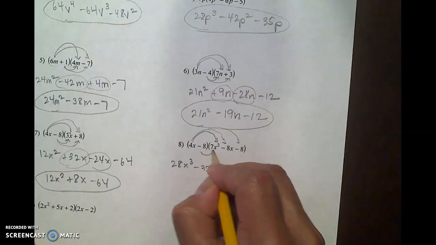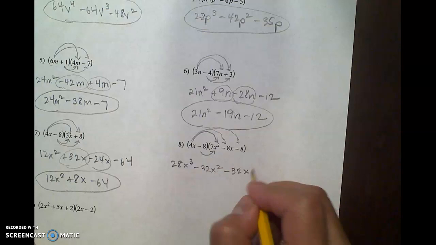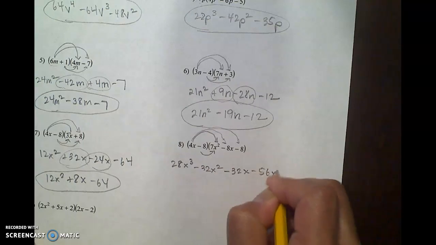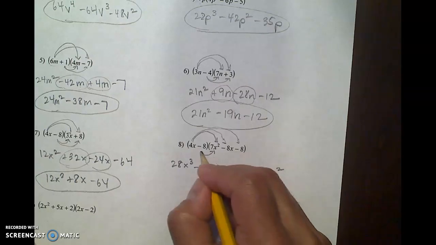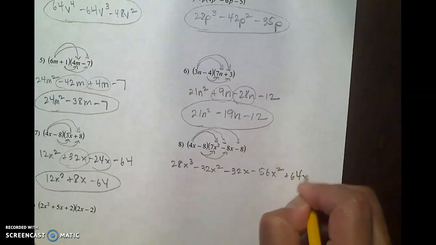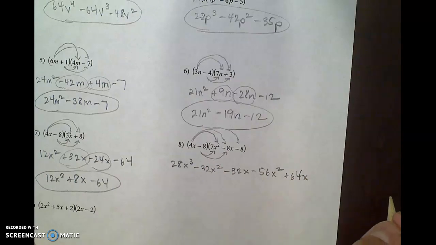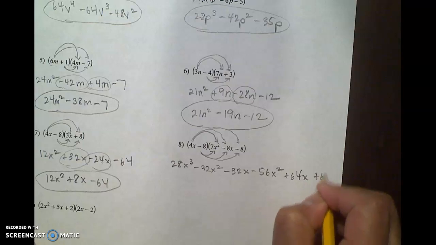Negative 8, we're going to distribute to 7x squared, so it's negative 56x squared. Negative 8 times negative 8x, positive 64x. Negative 8 times this negative 8 is a plus 64.